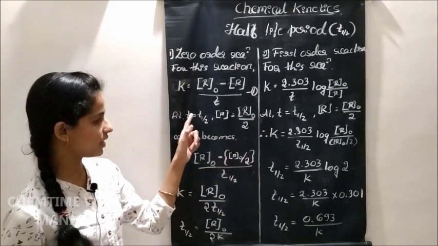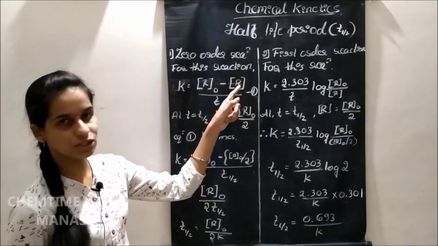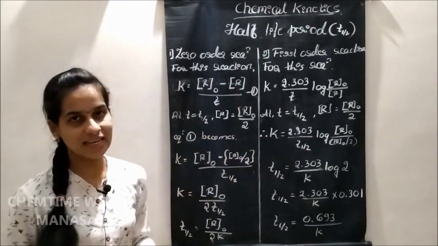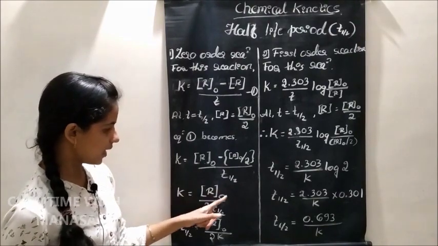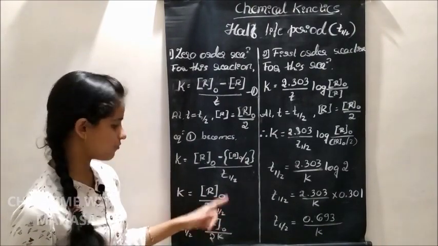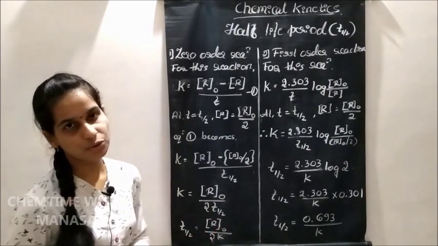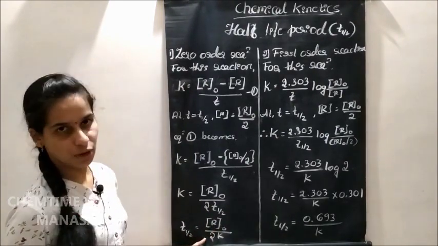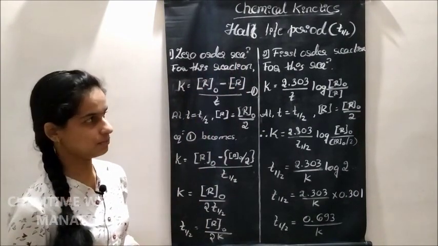In the place of T, we are substituting T half, and in place of the concentration of R, half of its initial concentration. Then K is equal to R naught by 2 into T half, or T half is equal to R naught divided by 2K. This is the equation of the half-life period of a zero order reaction.